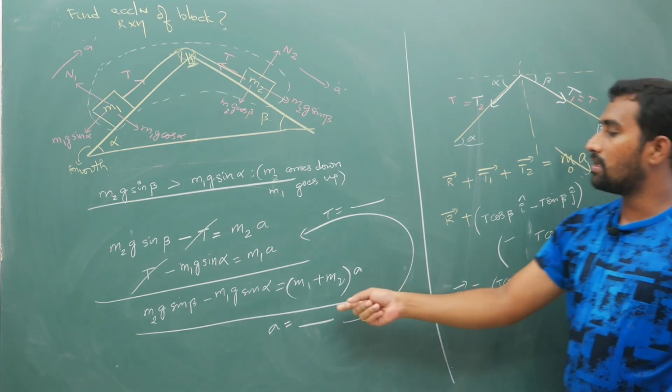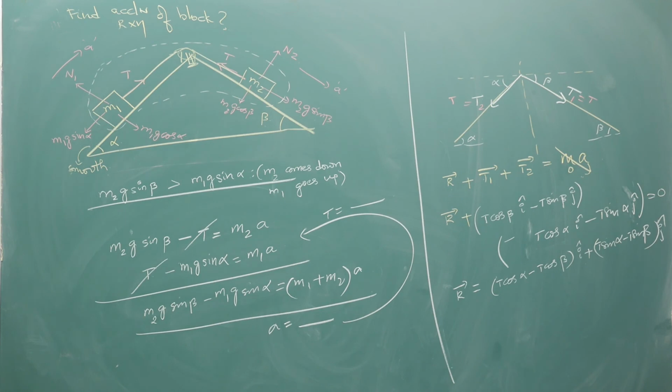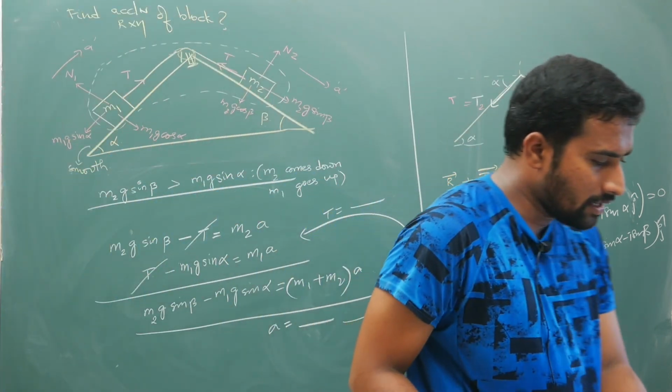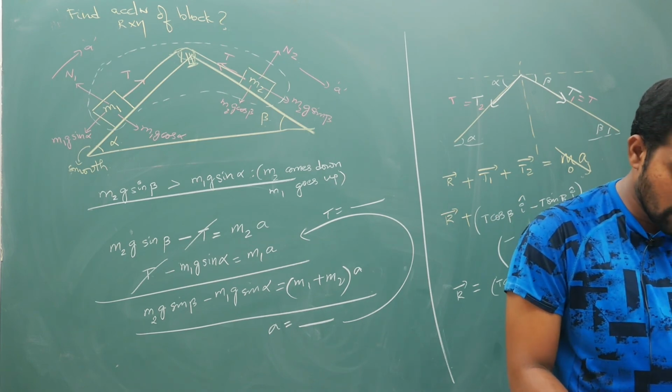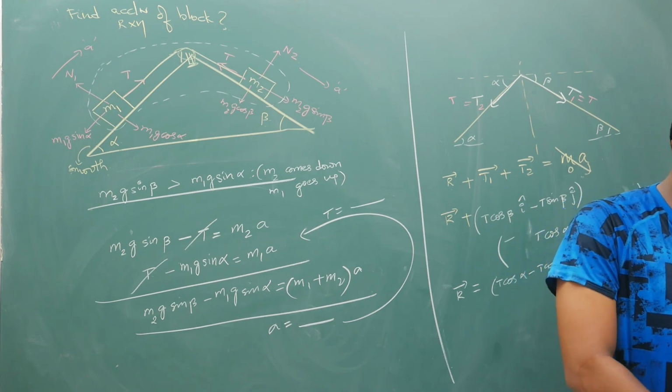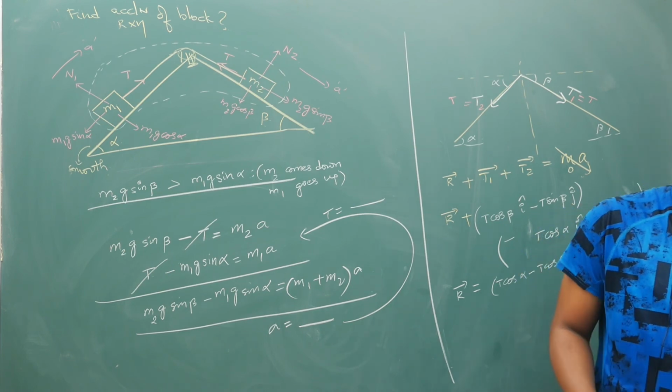Substitute this T, whatever you are getting here, into that equation. Whenever you have inclined planes, you are supposed to do the equations like this. Connected to this inclined plane you can also draw FBDs and then do the equations. Right now these basic questions are enough.